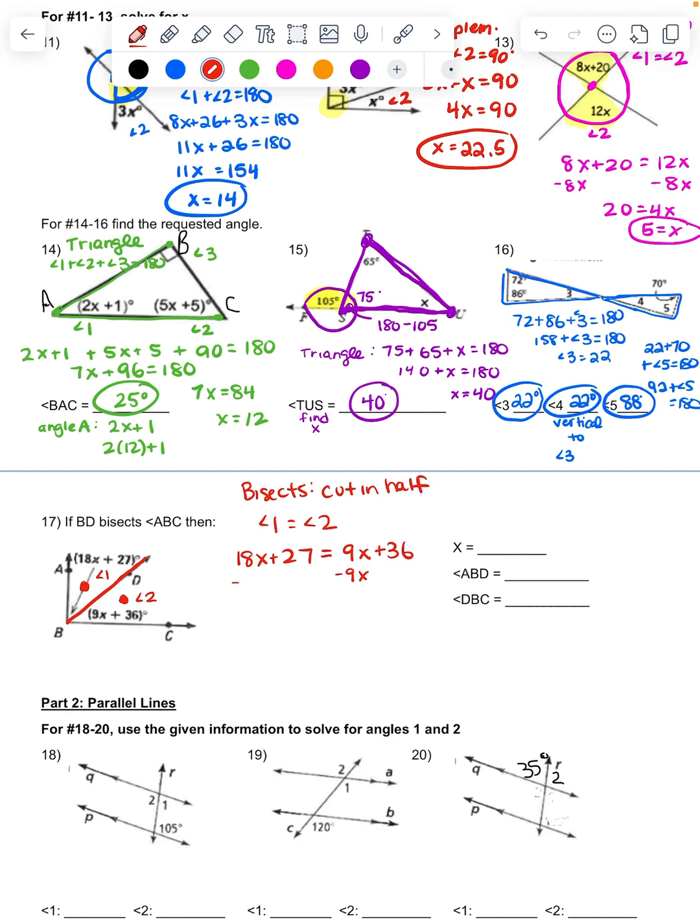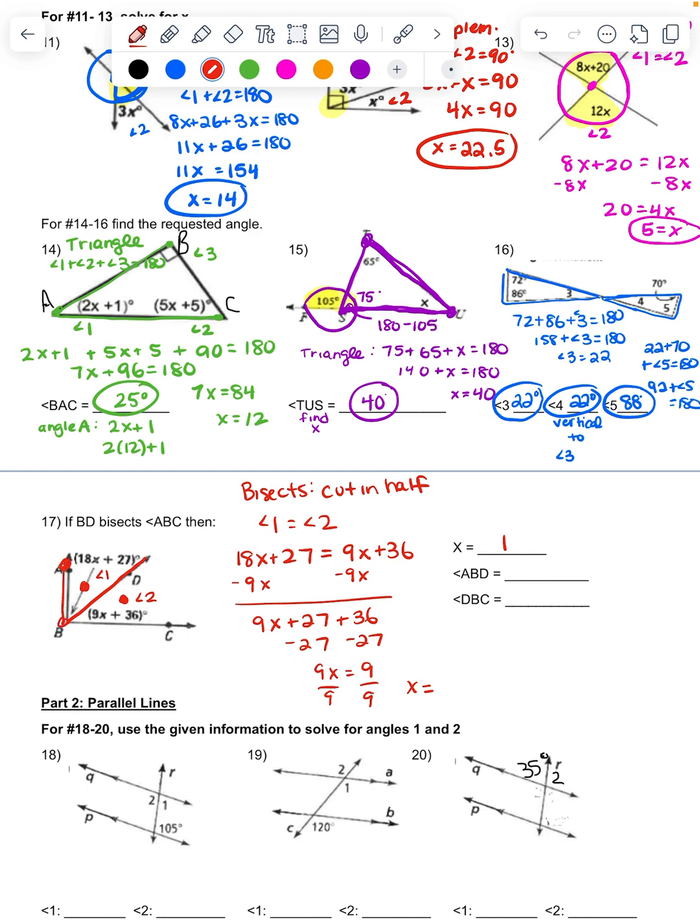I'm going to subtract my 9x. Subtract my 27. Divide by 9. X equals 1. Then it says find angle ABD.